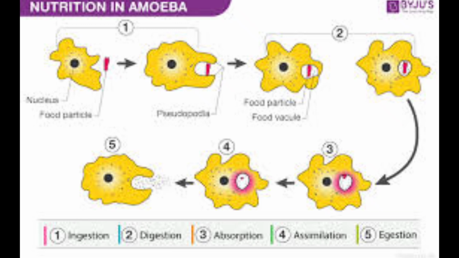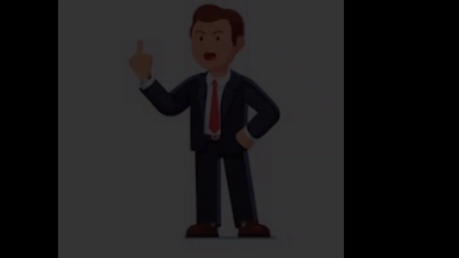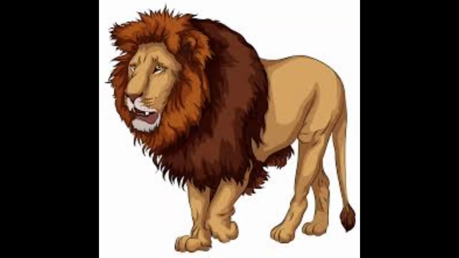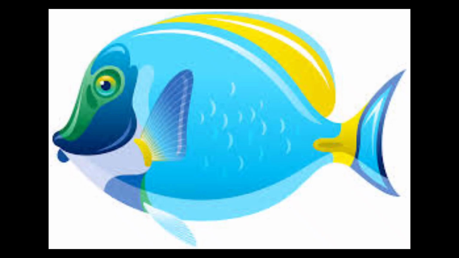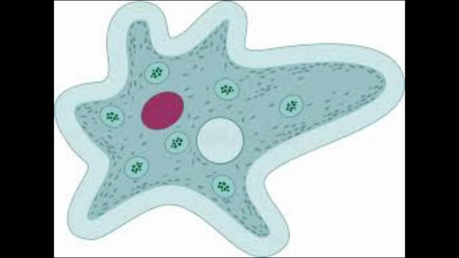The ingested food is digested and then absorbed into the body cells of the organism. For example, man, cat, dog, cattle, deer, tiger, lion, giraffe, frog, fish, and amoeba, etc.